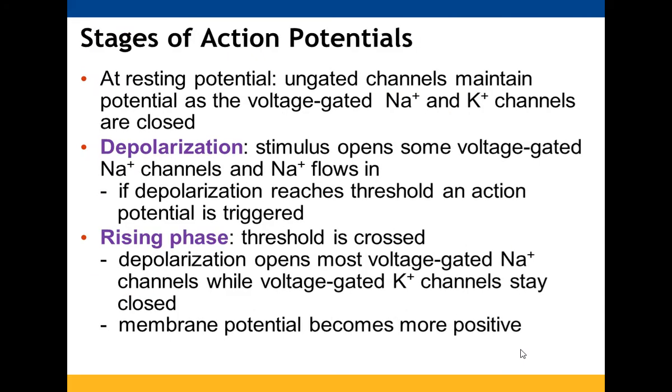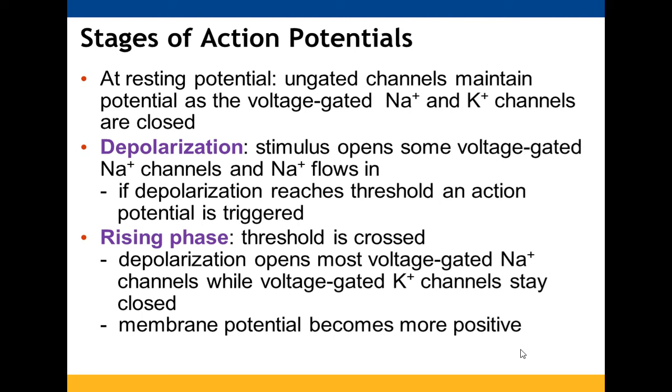So, how an action potential works. When you're at a resting potential, the reason the cell potential is not the same as potassium's cell potential is because there are some channels where sodium is able to passively move through into the membrane, and so that causes your resting cell potential to be just under potassium's.